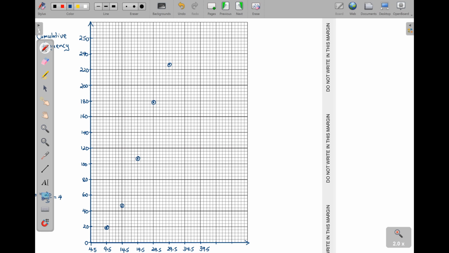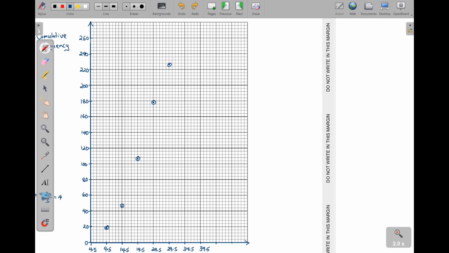Then the next one is 39.5 against 250. Pardon me, this one is supposed to be 260. Remember, we are adding 20s. So 250 is bigger than 240 by 10. So 10 divided by 4, that is 2.5.